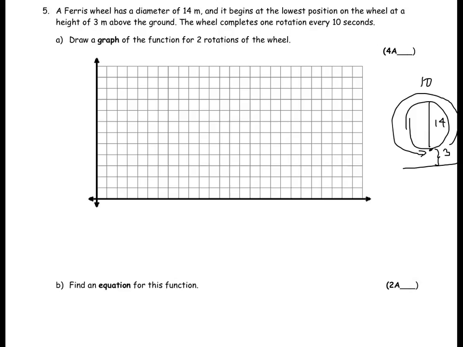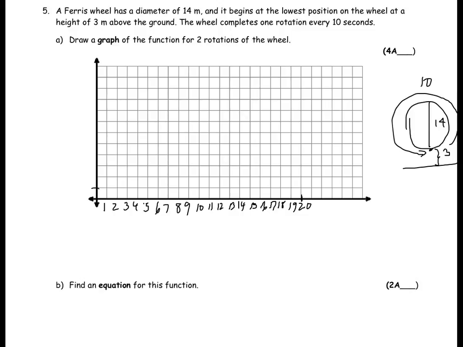So let's say this is 1, 2, 3, 4, 5, 6, 7, 8, 9, 10, 11, 12, 13, 14, 15, 16, 17, 18, 19, and 20. 2 rotations up to here.